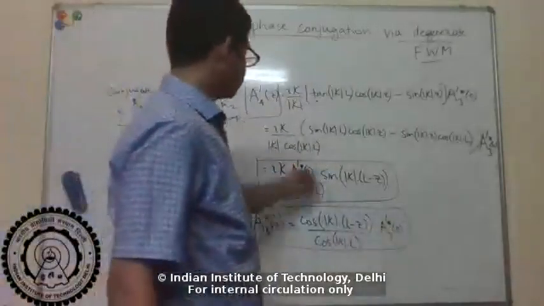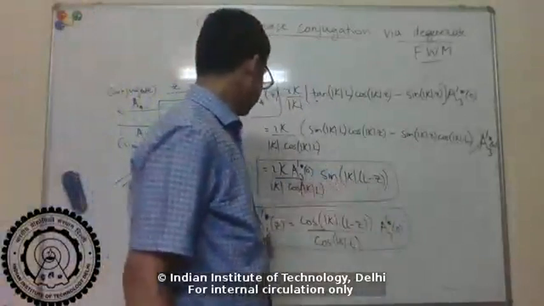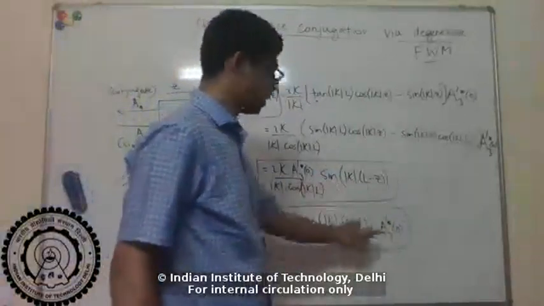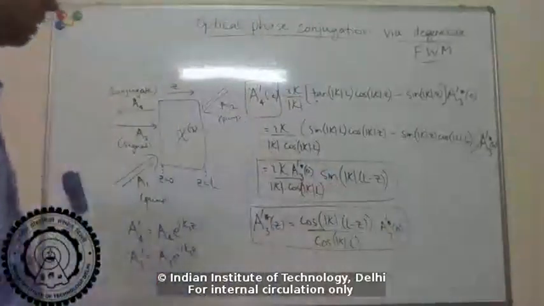So A4 goes as sine of something times L minus Z, and A3 goes as cosine of something times L minus Z.